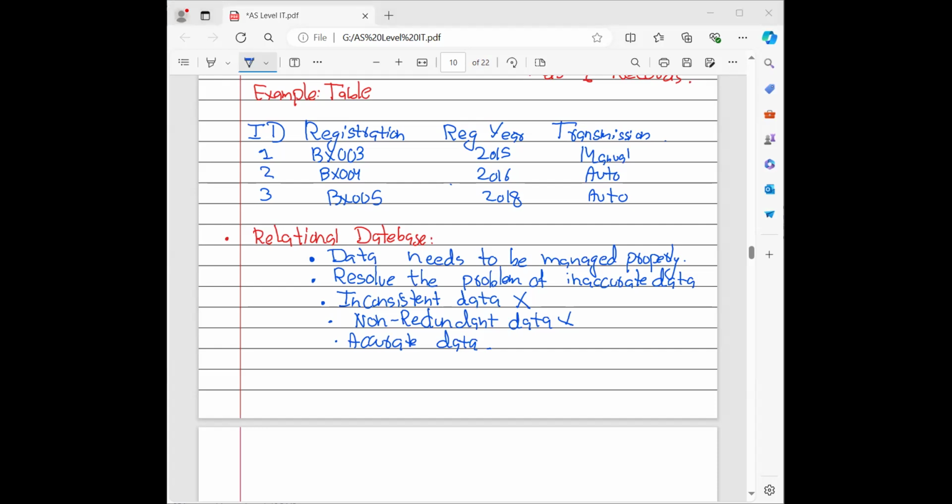When it comes to relational databases, they are used to reduce your data redundancy, which means data duplication, and it helps your data to be managed properly, and they resolve all of the problems like that.